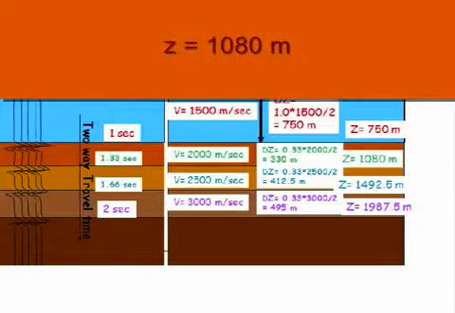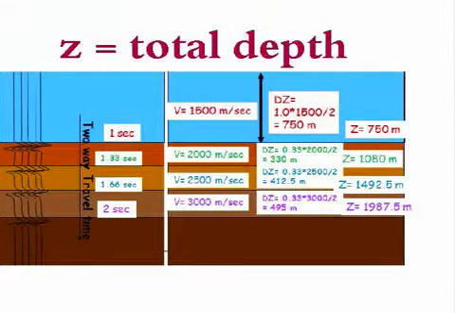Z equals 1,080 meters. Third zone, V equals 2,500 meters per second. dz equals 0.33 seconds times 2,500 divided by 2 equals 412.5 meters.